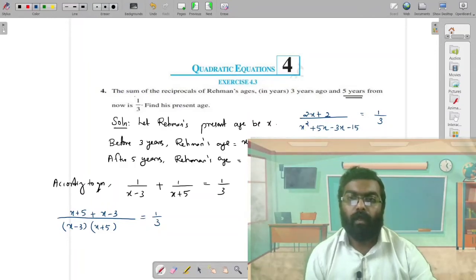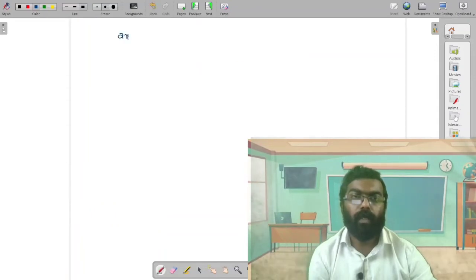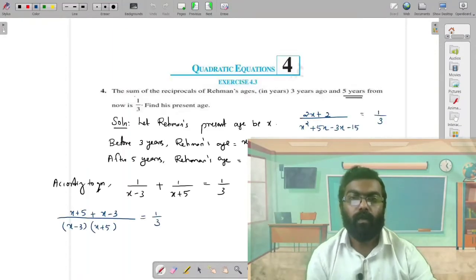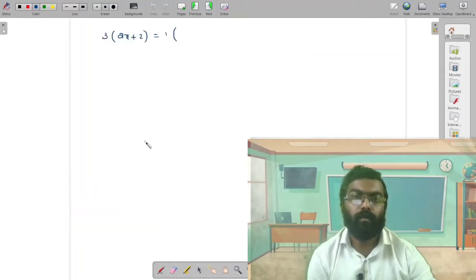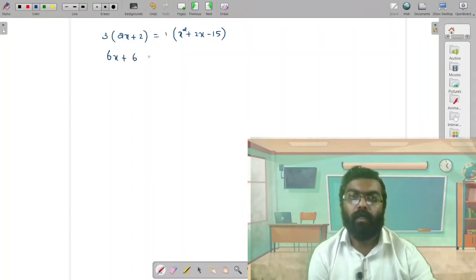Now we can cross multiply, taking this 3 to the left side and this x square plus 2x minus 15 to the right side. Okay. 3 into 2x plus 2 is equal to 1 into x square plus 2x minus 15. 3 2s are 6, so 6x plus 6 is equal to x square plus 2x minus 15.